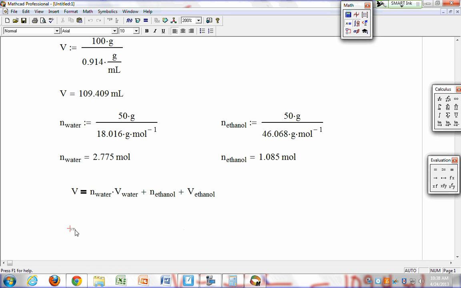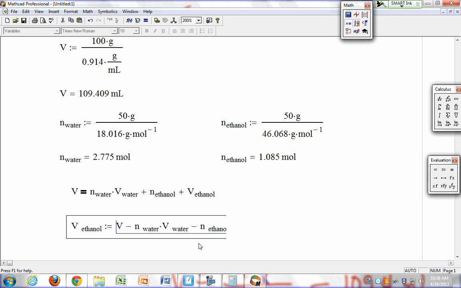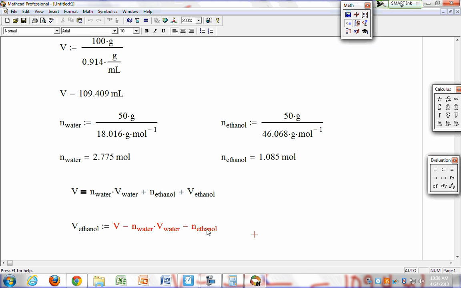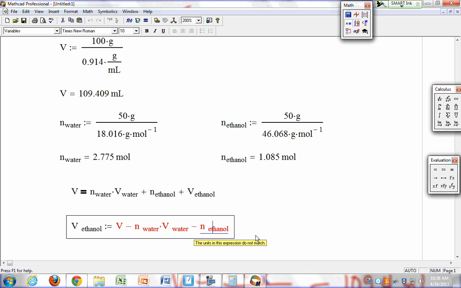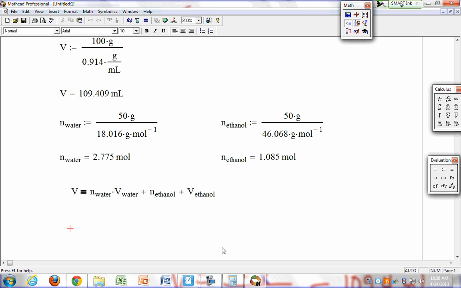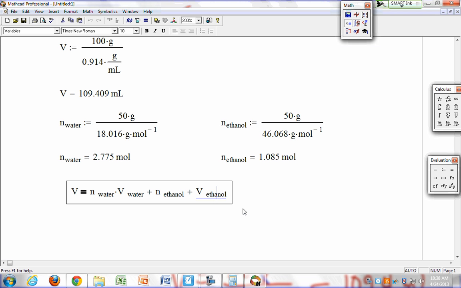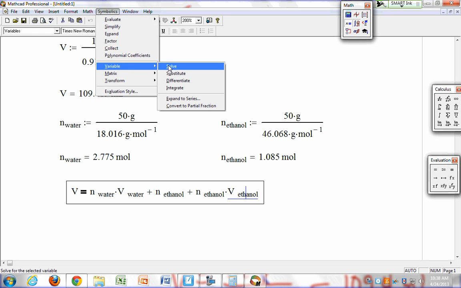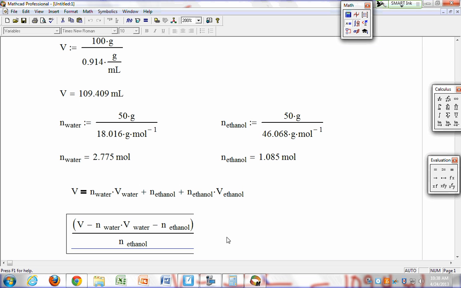Oops, I didn't get it right. Okay, I forgot to multiply this by moles of ethanol. So solve for partial molar volume of ethanol, and that's the expression.